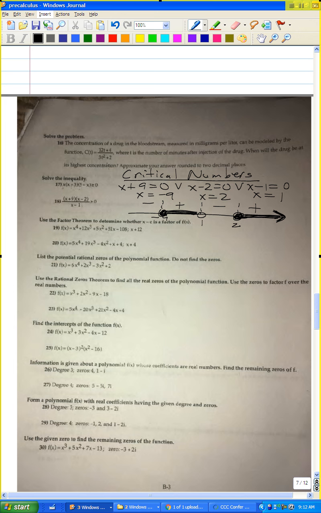Well, I would say that because there are a lot of interesting problems you can do without calculus involving polynomial functions, in pre-calculus they look at polynomial functions.